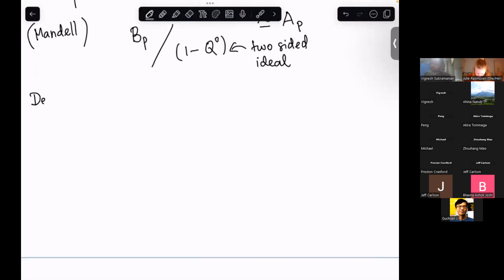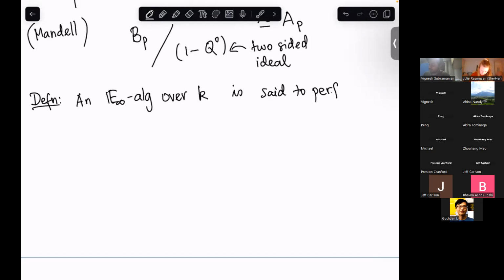Okay, so here is a definition. An E-infinity algebra over K is said to be perfect. I was faced with a terminology issue, so I will call this Frobenius perfect, because we use perfect for perfect modules and perfect objects in a derived category.